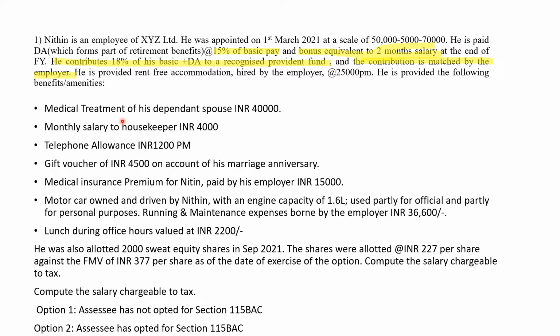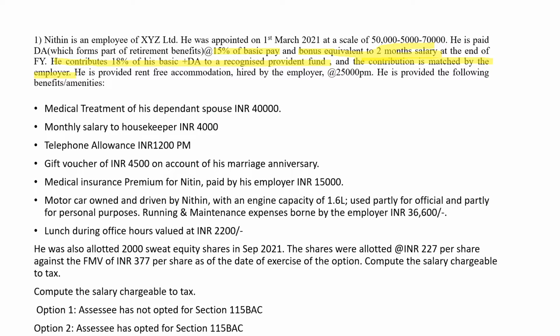Now we'll see. Medical treatment for his dependent spouse is completely taxable because this is a medical reimbursement provided by the company. And then salary to the housekeeper is also taxable. We are going to take it under that. Then telephone allowance is a taxable allowance.